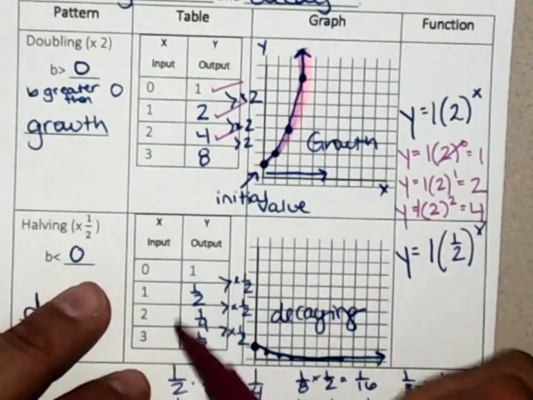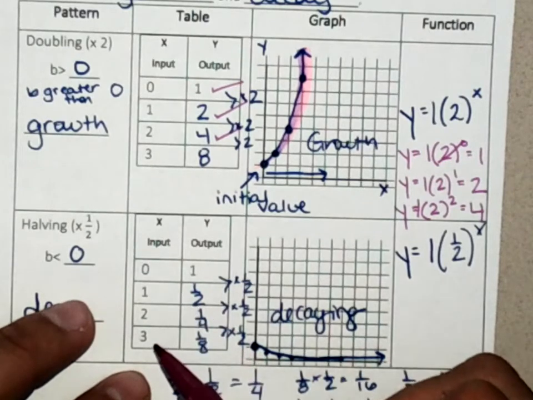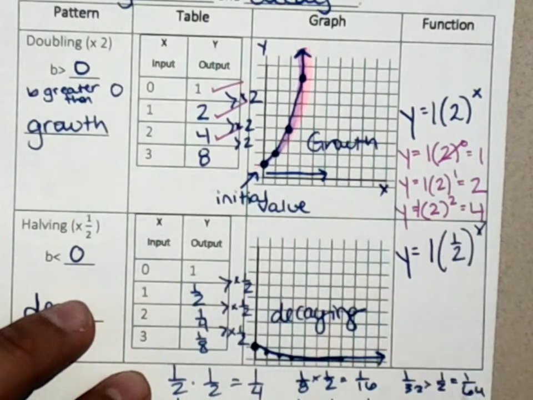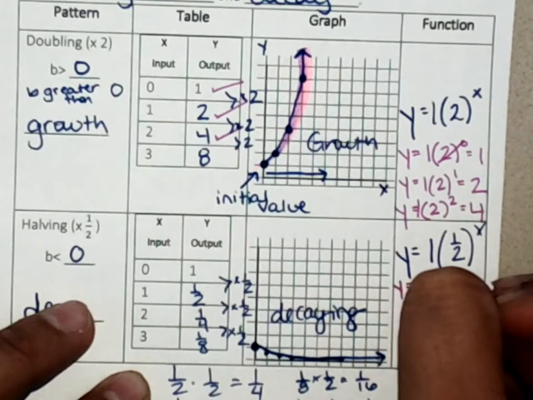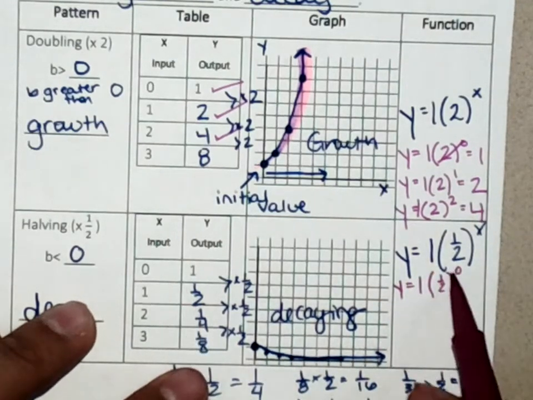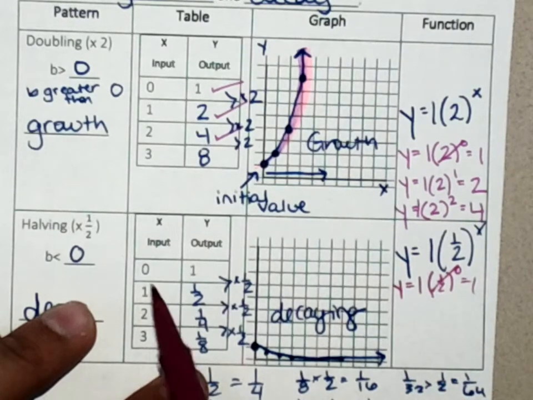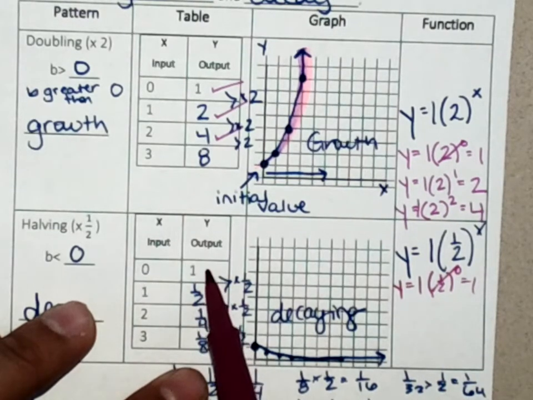If we plug in our values for the x's, we should be able to get the y's using this function. So y equals 1 times 1/2 to the 0. Well, anything to the 0 is 1. So when x is 0, y is 1. That is true.